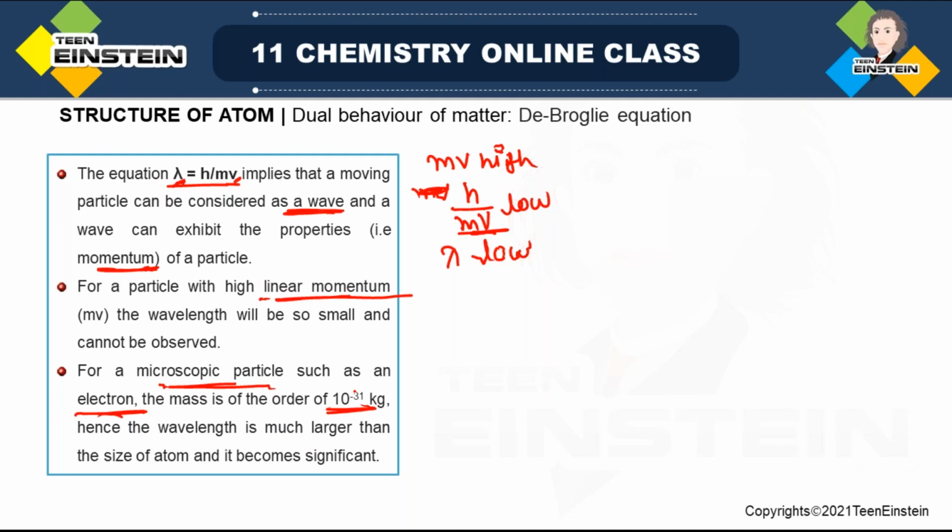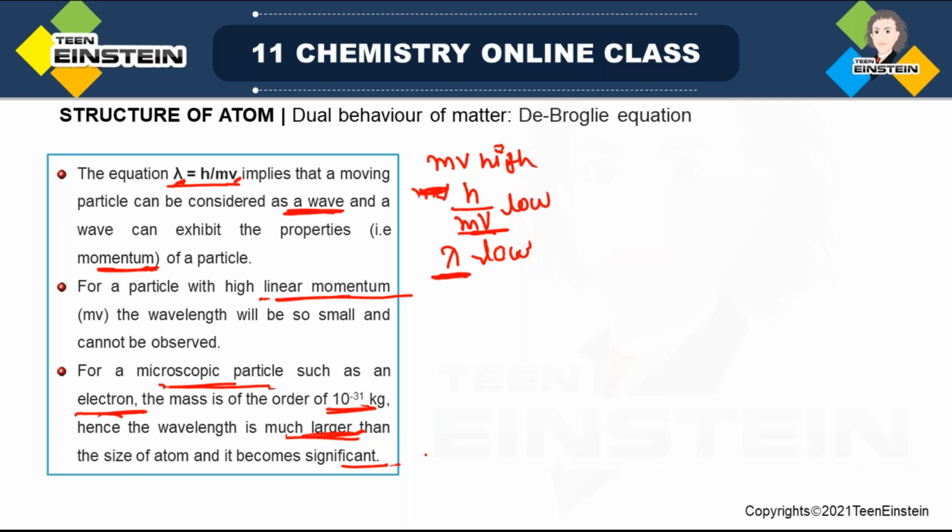The actual value is 9.31 times 10 to the power minus 31, but just focus on this power of 10, it is a very, very low value. Mass of electron is very low. That means in h by mv, whatever the value of velocity, m is very small. That means this mv denominator is very small, and when the denominator is very small, lambda will be very, very high. So wavelength is much larger than the size of an atom, and it becomes significant.